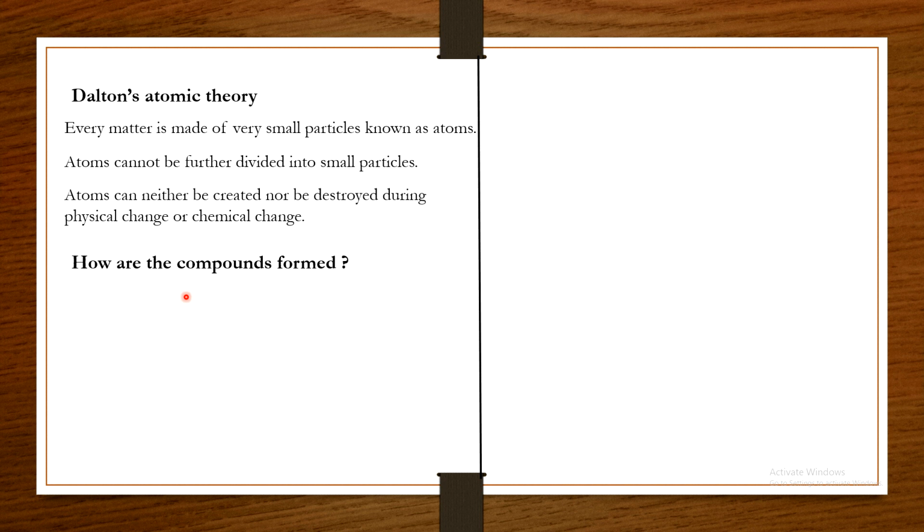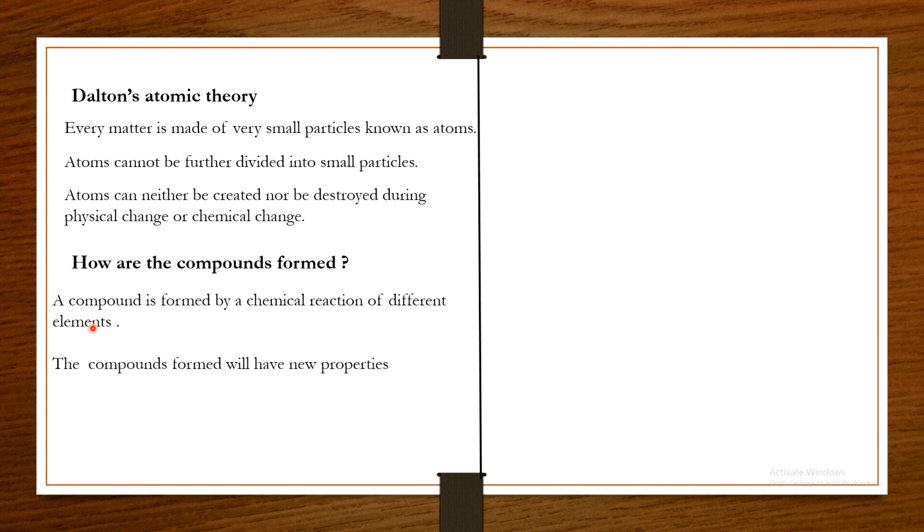Compounds are formed by the chemical reaction of different elements. For example, water H2O, carbon dioxide CO2, and glucose, etc. These are some examples of compounds. So here is a chemical reaction: the elements, these reactants, have different properties, and the product formed is a compound having different properties.